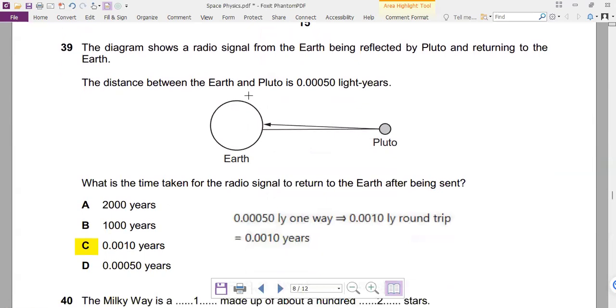So it's a tricky question. A radio signal is sent to Pluto and comes back. The distance is this much. What's the time taken?